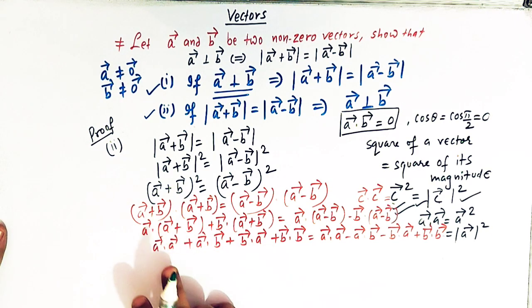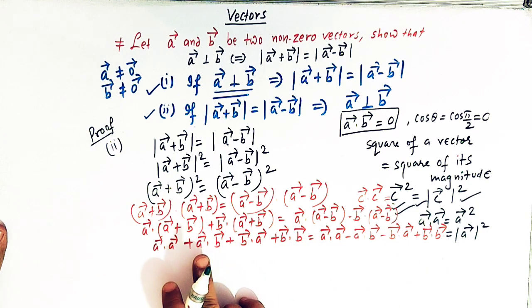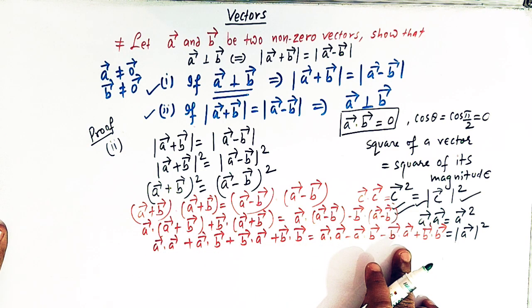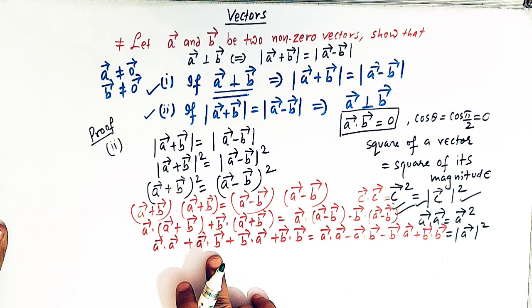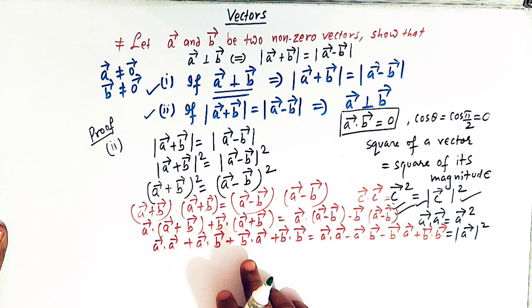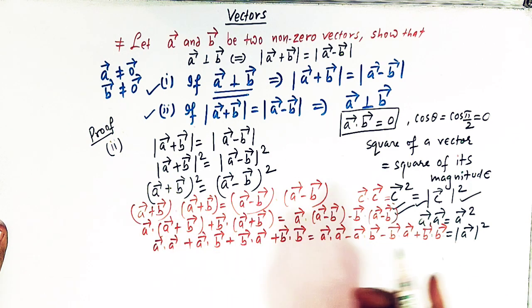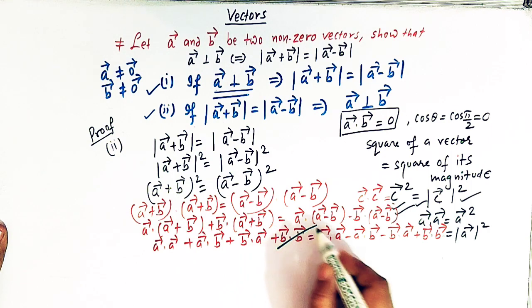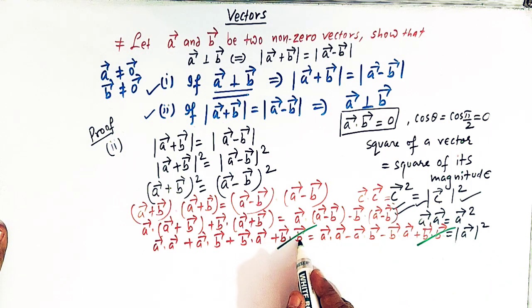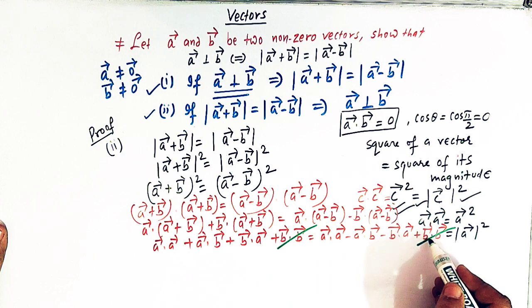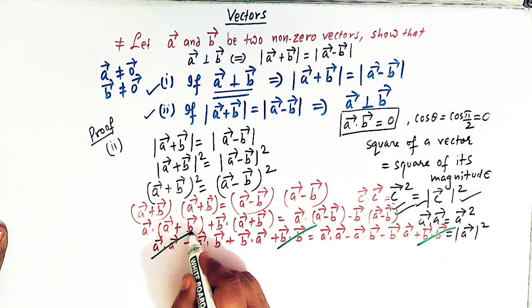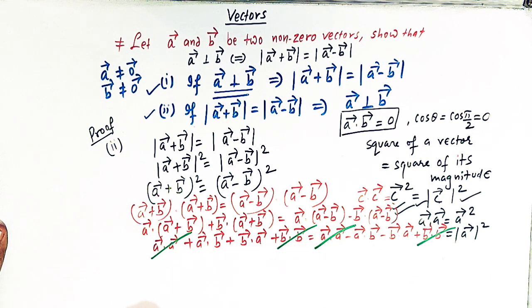So now looking at the two sides, that is left hand side and right hand side, we can easily conclude that we have some terms which can be cancelled out, right? So this is the first one, that is b dot b is cancelled by b dot b. Similarly a dot a and a dot a.